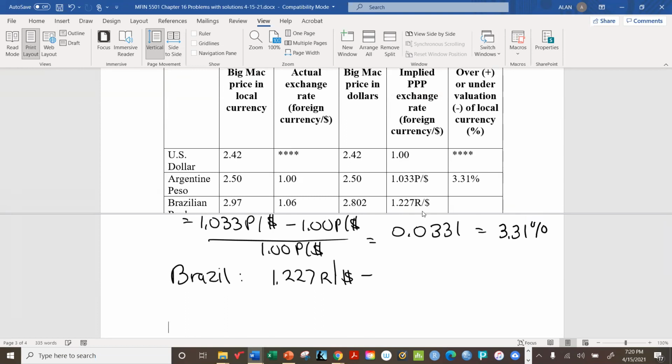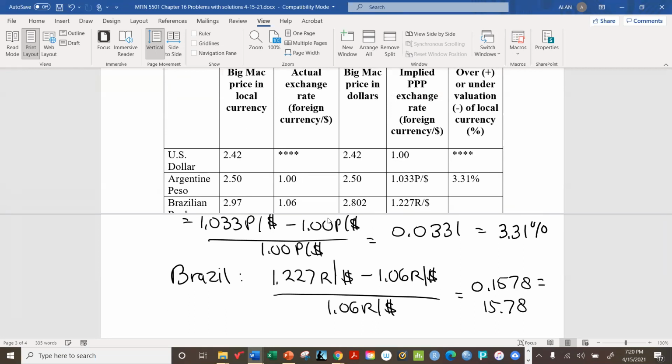You're subtracting what it actually is in the real world, and then dividing it by the actual real world exchange rate. All right, so that's going to give us 15.78%. Okay, well, that's a pretty significant difference.